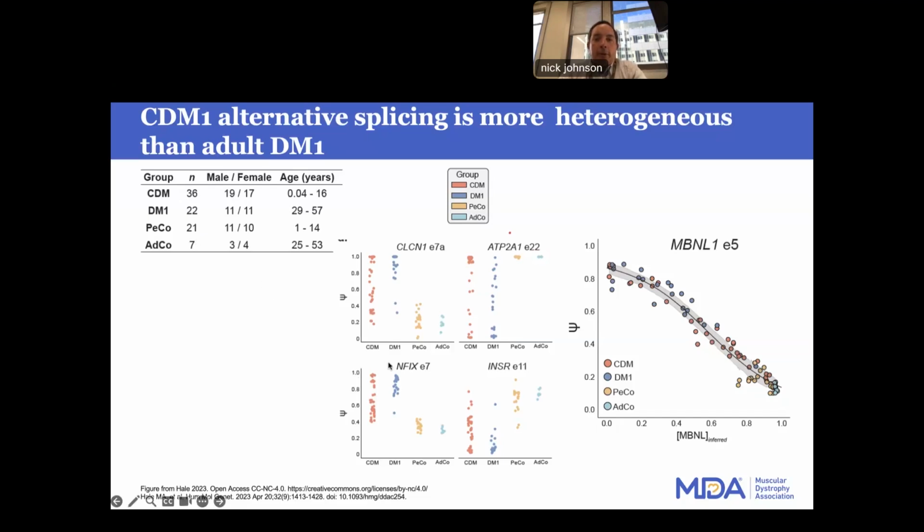And if you start to look, for example, at the chloride channel event, you can actually see a much wider spread of RNA splicing dysregulation in the children with congenital myotonic dystrophy compared to the adults with DM1. That's reflected again here, and again, actually with that insulin receptor.